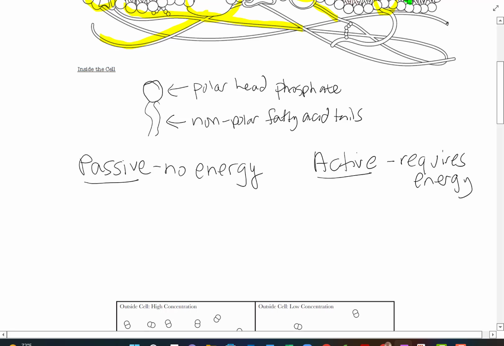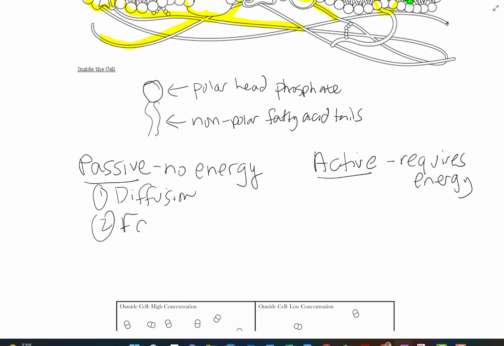So today we're going to be focusing on passive transport, and there are three types of passive transport. We have diffusion. We have facilitated diffusion. And we have osmosis.